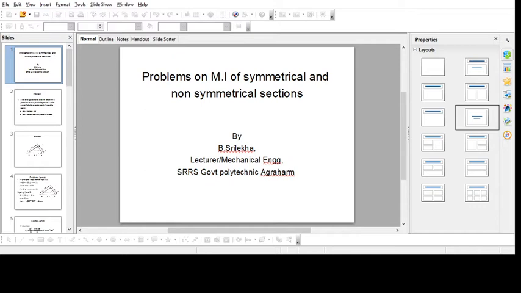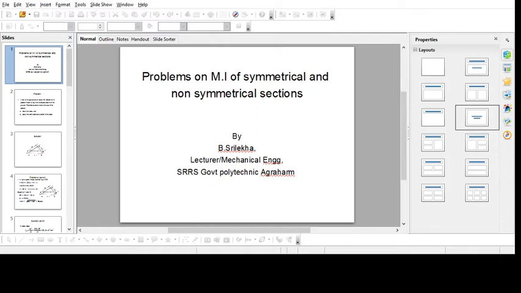After finding the centroidal distances among all these sections, we made use of the formula Ixx is equal to Ig plus Ah square. That is, the moment of inertia about an axis is equal to the moment of inertia about the centroidal axis plus the product of the area of the plane and the square of the distance between the centroidal axes. This is the parallel axis theorem.